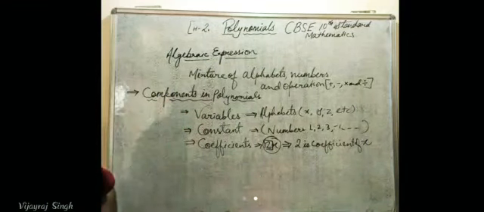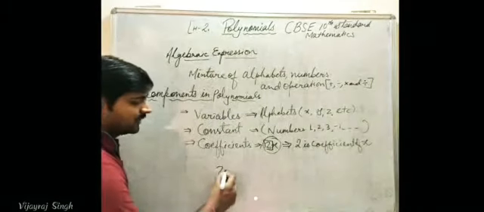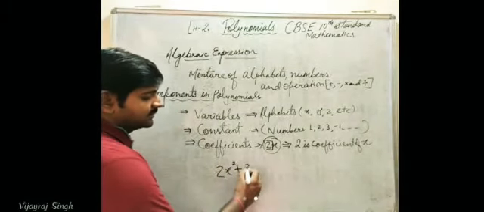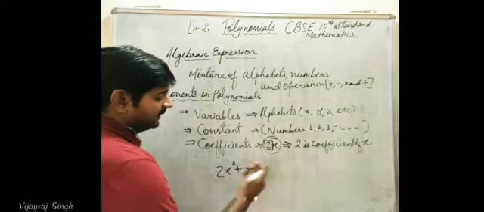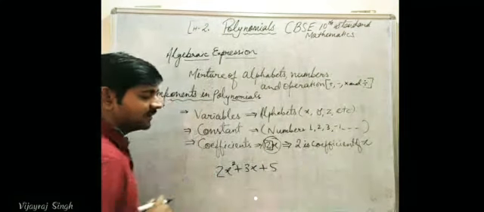So if I write one polynomial like this, 2x square plus 3x plus 5, suppose it is the polynomial.